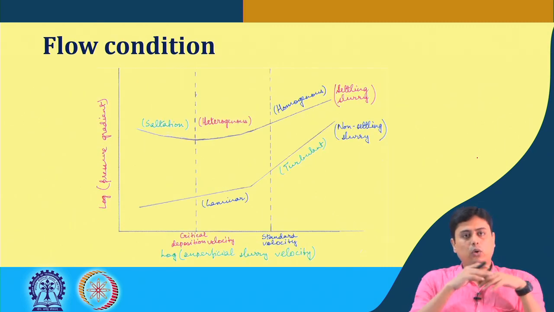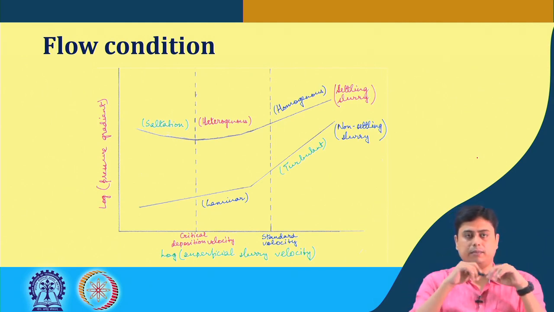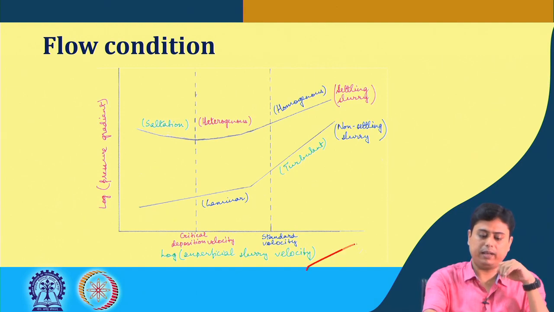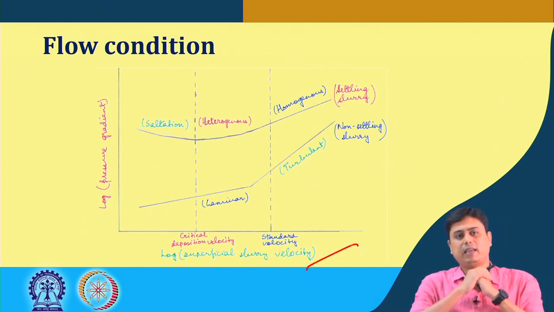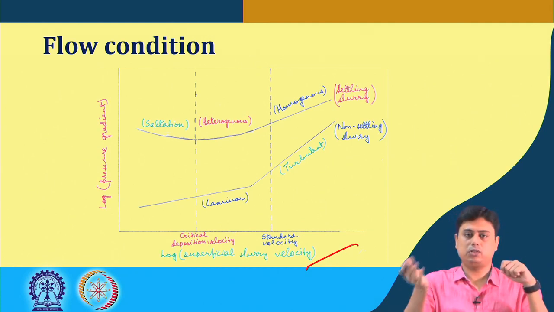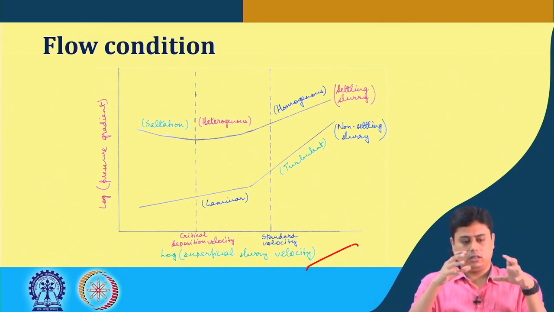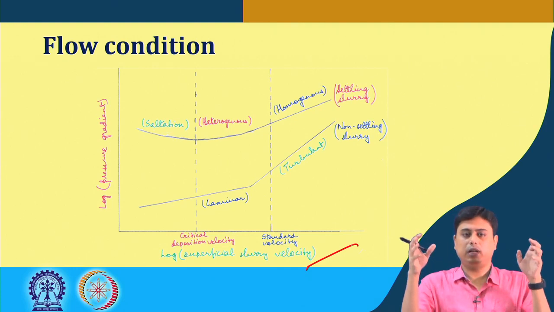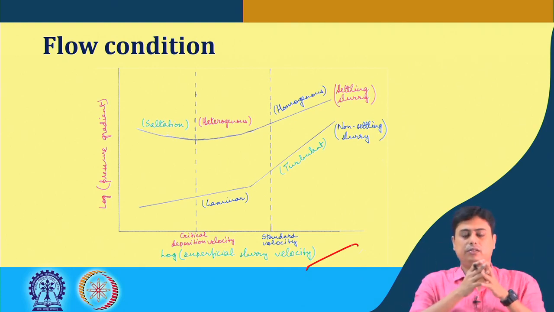So if we look at the flow regime map, it would look something similar to this schematic that is shown here. This schematic is also important from the point of view of pressure drop calculation, because this is one of the prime concerns in moving the slurry from one place to another. This is the mechanical energy requirement that is dictated by the pressure drop that will happen when this transport is taking place.